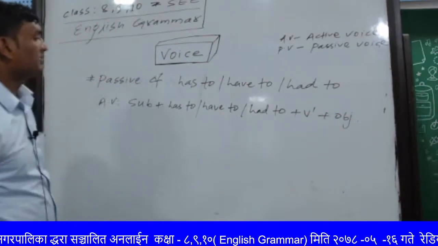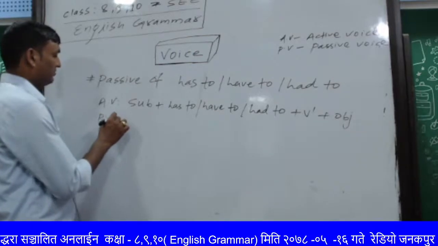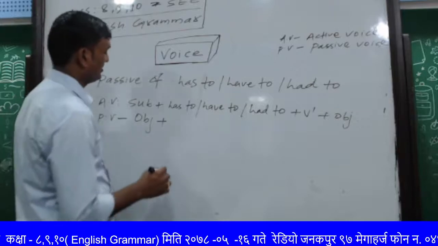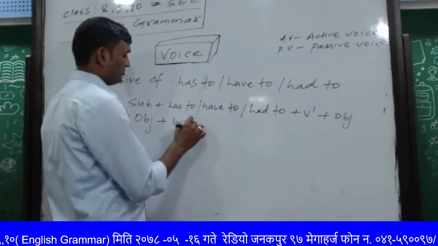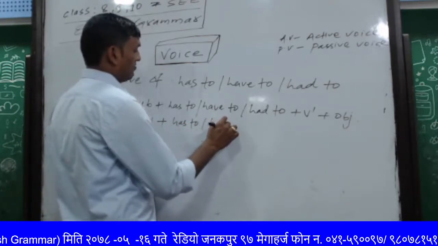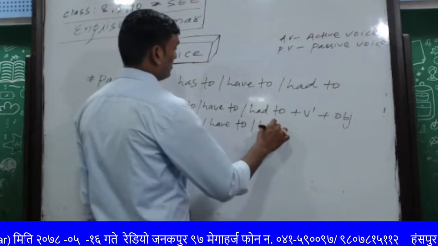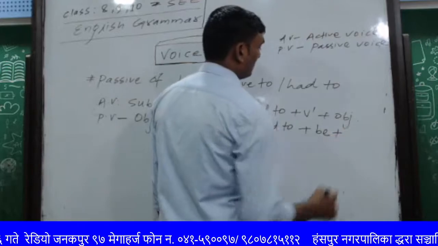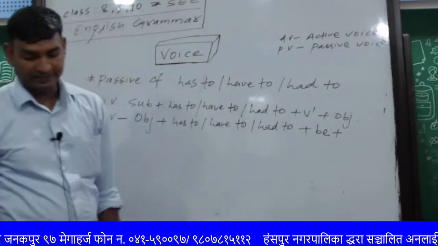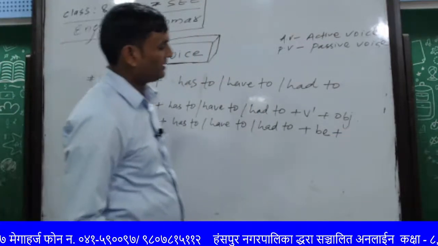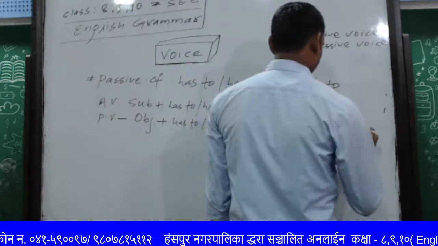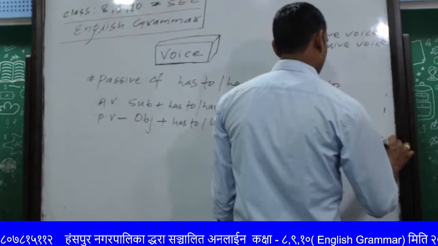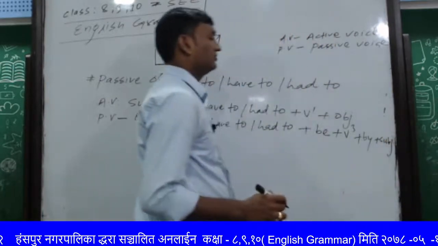And the passive of this structure is PV: object plus has to, or have to, or had to, then be verb. Be is used, then after be, V3, then by, and at the end subject.